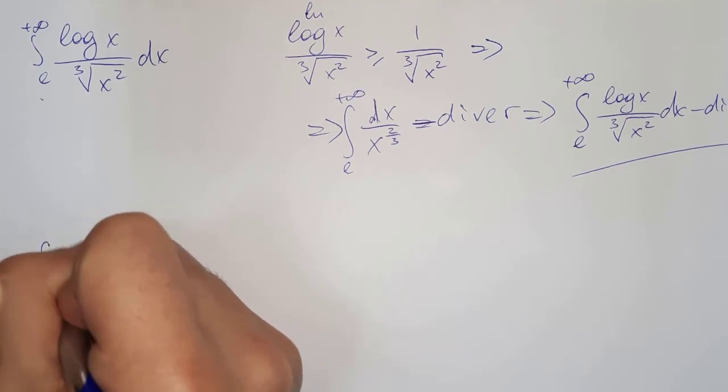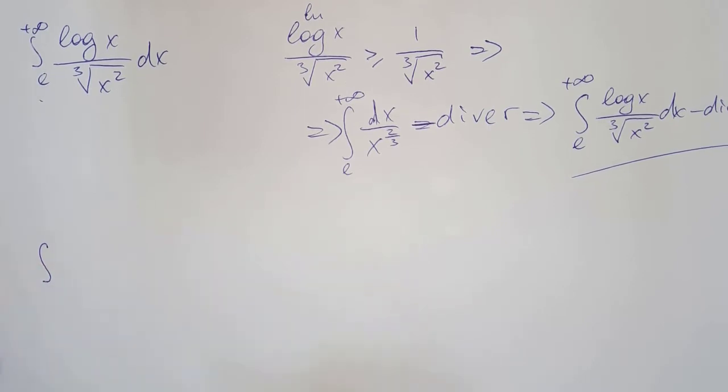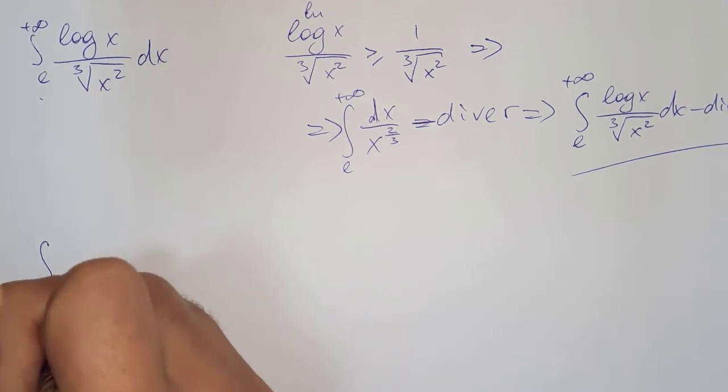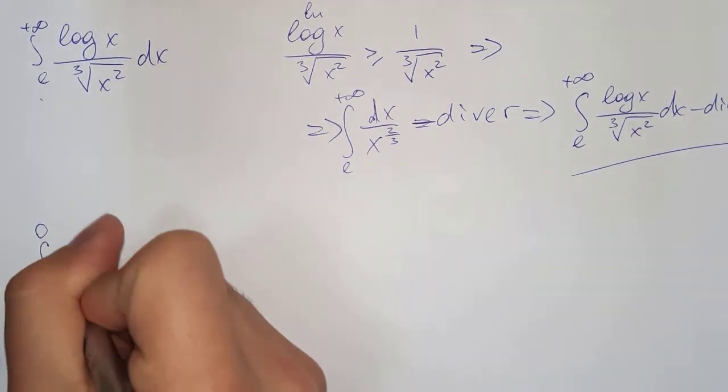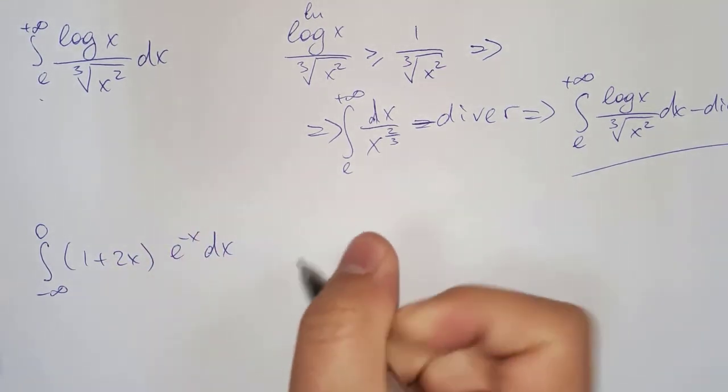Okay, so the integral here is from minus infinity to 0 of (1 plus 2x) e to the power of minus x dx.